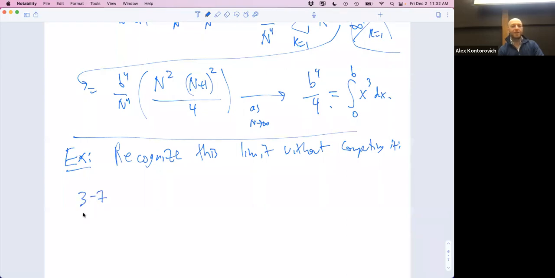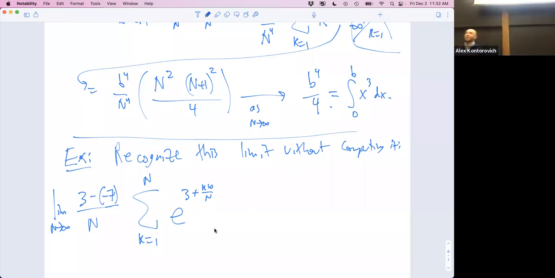It's the limit as n goes to infinity of 3 minus -7, that is, -7 over n, times a sum as k goes from 1 to n of e to the 3 plus k times 10 over n. I don't know. So yeah, that. What the heck is that?